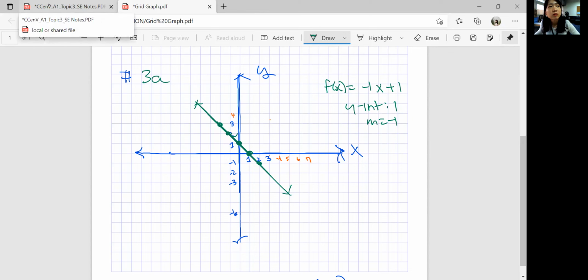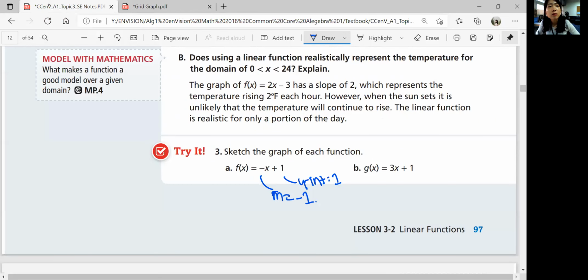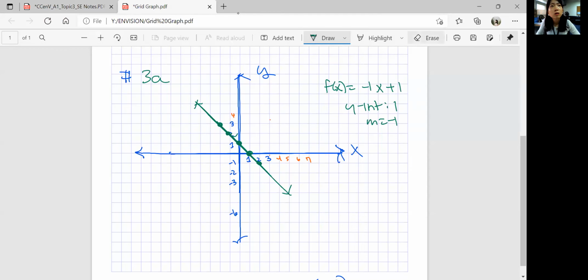All right, let's look at 3B. What is the y-intercept for this one? 1. What is your slope? 3. Okay, so let's erase this and graph a new one.